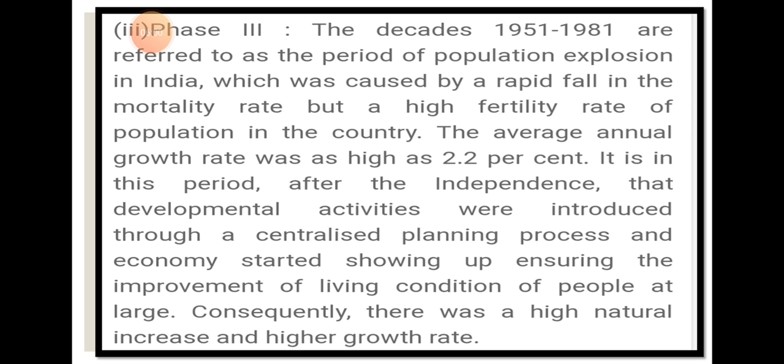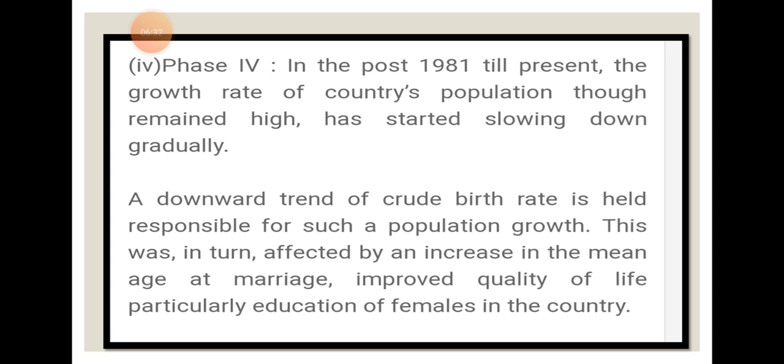After independence, development activities introduced by different governments and the planning procedures improved the living condition of the people. So there was a high natural increase, or a high growth rate. Besides this, international migration took place, with people migrating from countries like Bangladesh, Nepal and Pakistan, which makes the growth rate very high. So this is the phase of population explosion.